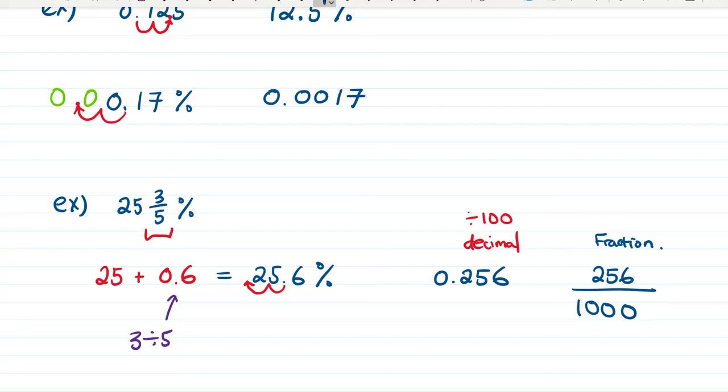Another way to look at it is because the 6 is in the 1000th place, so that's why we put the 1000 in the denominator. So our fraction form of 25 and 3/5% is 256 over 1000, and you can write it in this form, or you can reduce it to the lowest terms, which is 128 over 500, by dividing by 2.